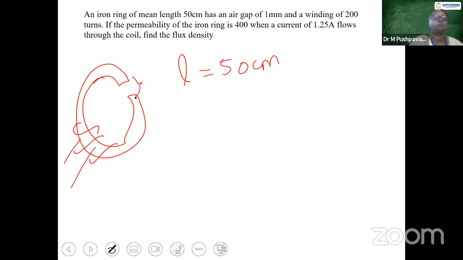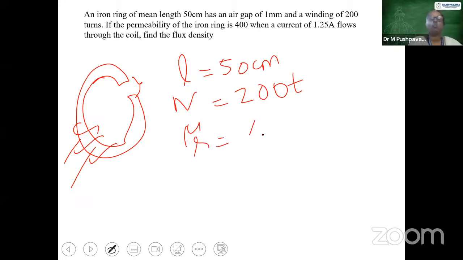This is an air gap. And the total number of turns is 200 turns. And permeability, mu R value is nothing but 400. And current is 1.25. I have to find out the flux density value.